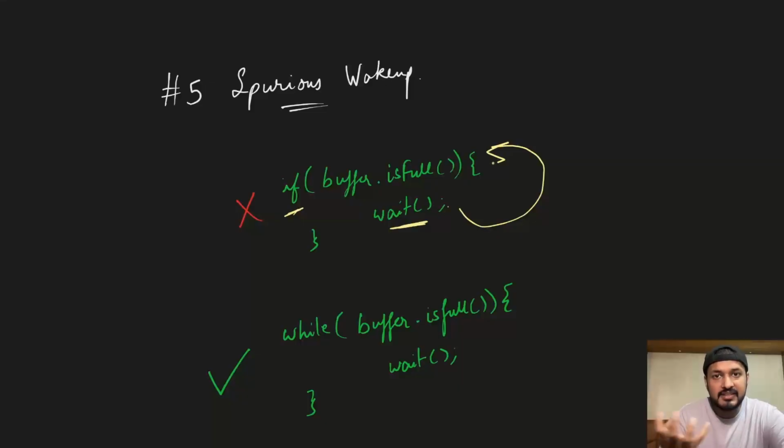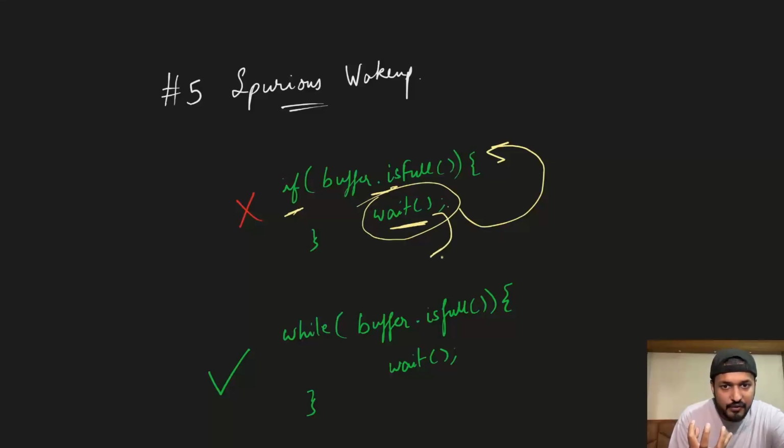When your thread wakes up spuriously, it skips this check, correct? It has woken up. It will proceed further and try to execute the next statements like producing an item and putting it inside the buffer even though the buffer is actually full. So that will be a complete disaster, right?